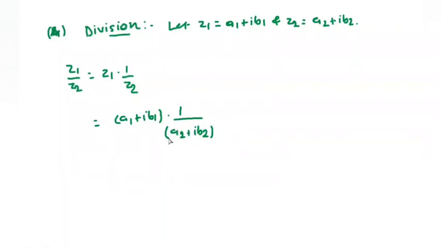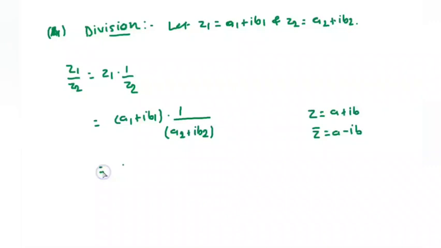To further simplify this, we will use the conjugate. Now this term is not explained in this video, but in order to simplify this, I will tell you what the conjugate is. The conjugate of a complex number Z equals a plus ib is denoted by Z bar and is given by a minus ib.